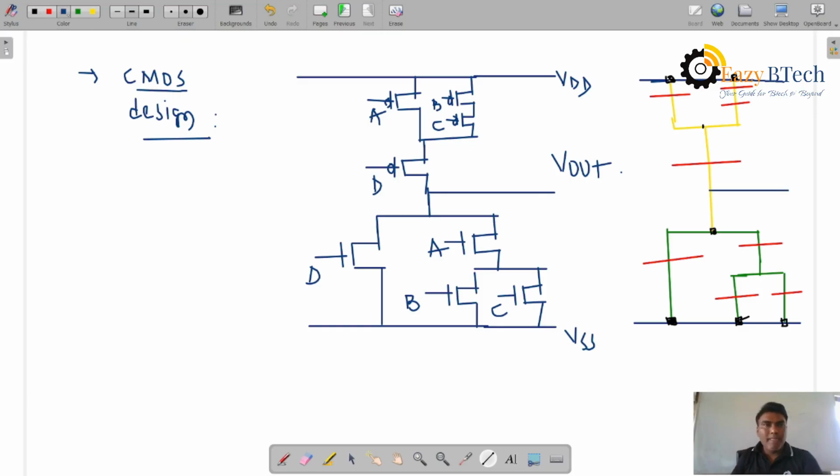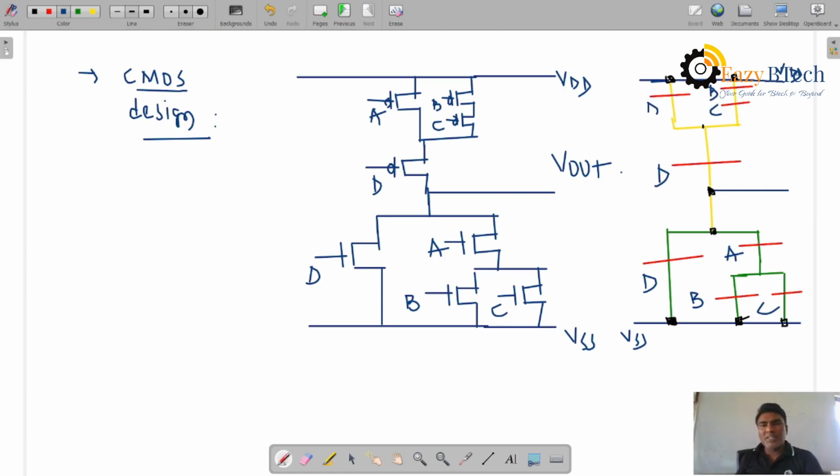The contact point is black color. Let me represent this all. So this is VDD, VSS, and what are the inputs? D, A, B and C.